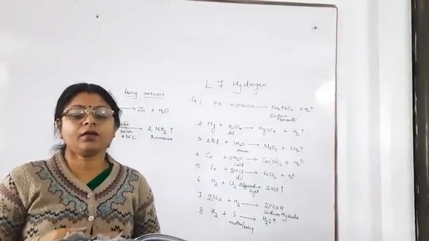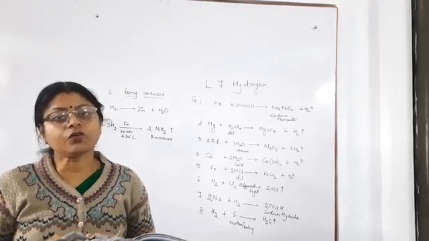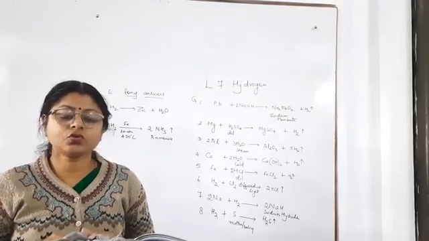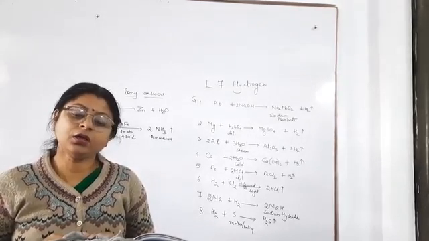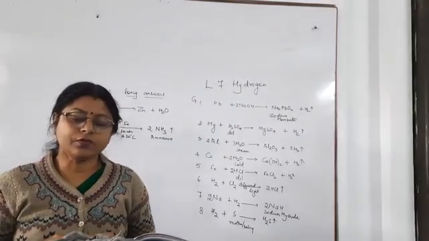That's why diffused sunlight is used for the preparation of hydrogen chloride, to prevent the explosion. So only a one line answer you have to write down: in direct sunlight the reaction is explosive.